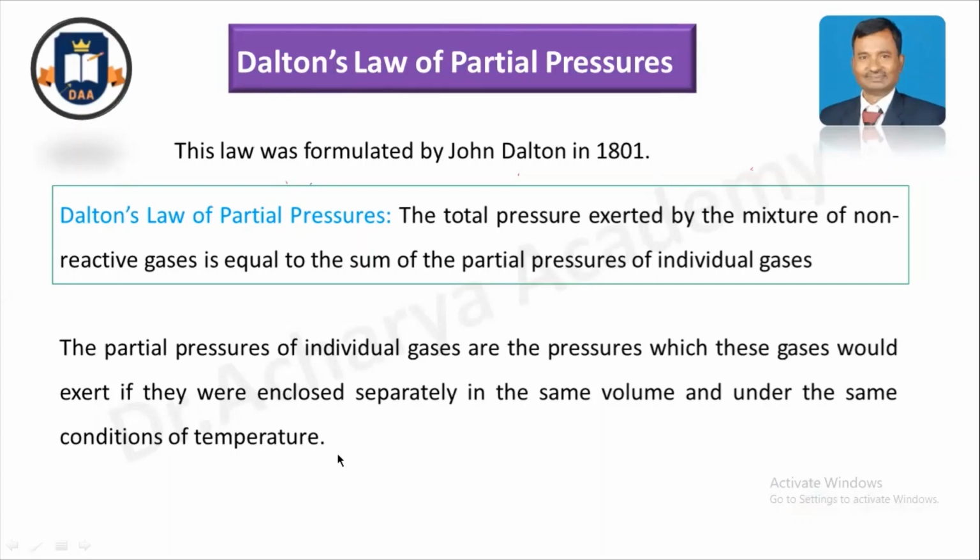The pressure oxygen exerts in an enclosure of fixed volume at constant temperature is called its partial pressure. Similarly for nitrogen, in the same enclosure with the same volume and temperature, the pressure it exerts on the wall of the container is called the partial pressure of nitrogen.